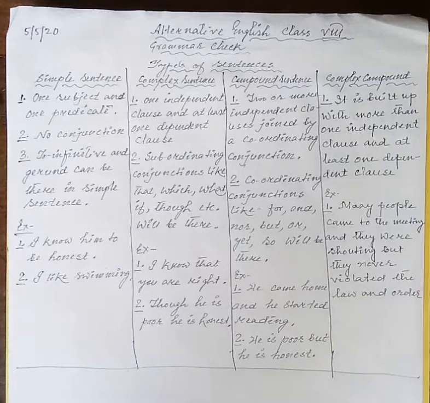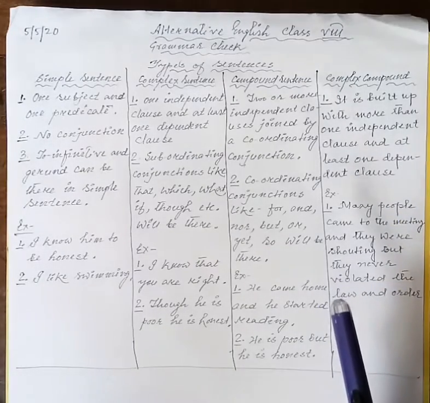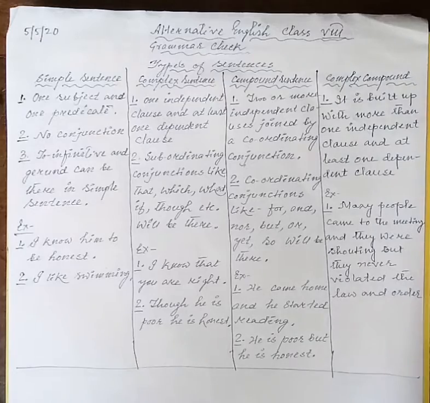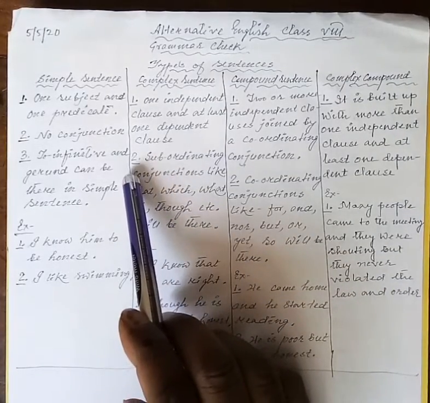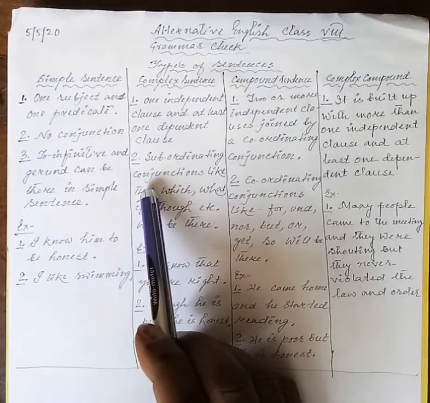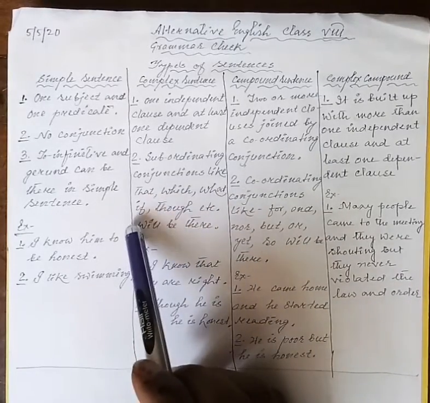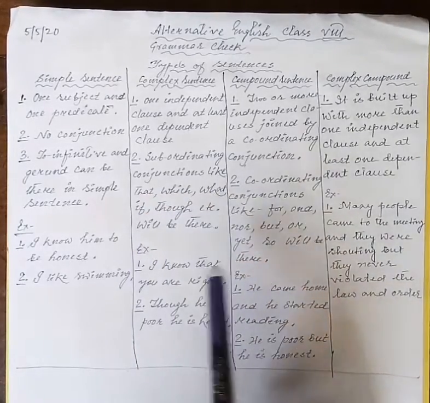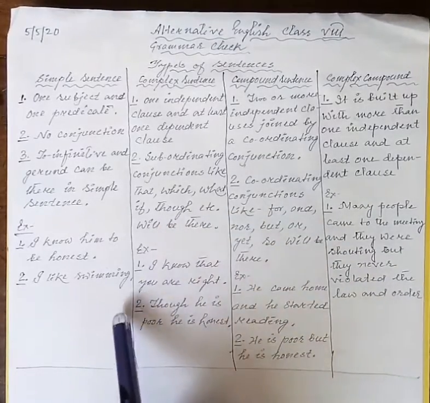But a dependent clause will always depend on an independent clause to express complete sense. Now the second point, subordinating conjunctions like that, which, what, if, though, etc. will be there. Examples I have given.